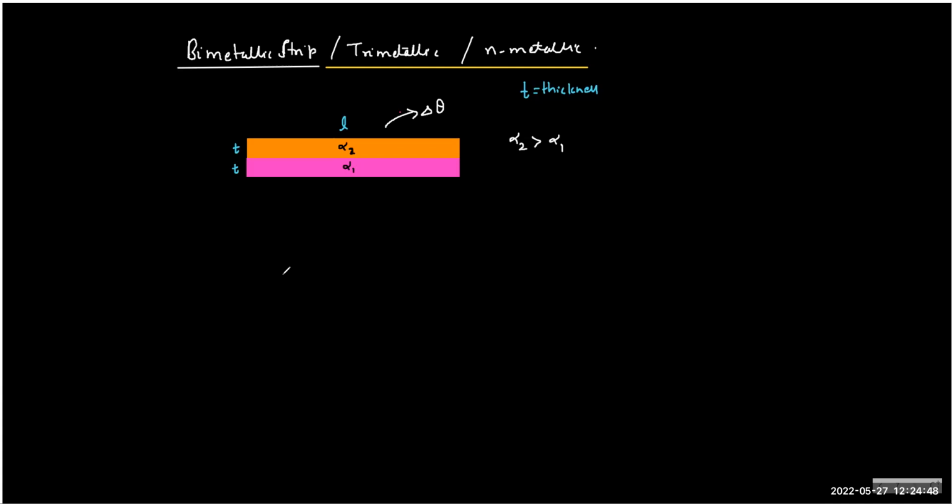Alpha 2 will expand more than alpha 1. That is only possible when it will bend like this. And because alpha 2 is bigger, the outer rod will be here. So you can see clearly that upon heating, the bimetallic strip will bend.